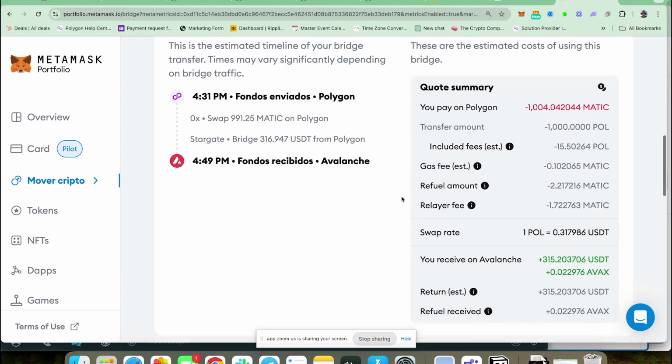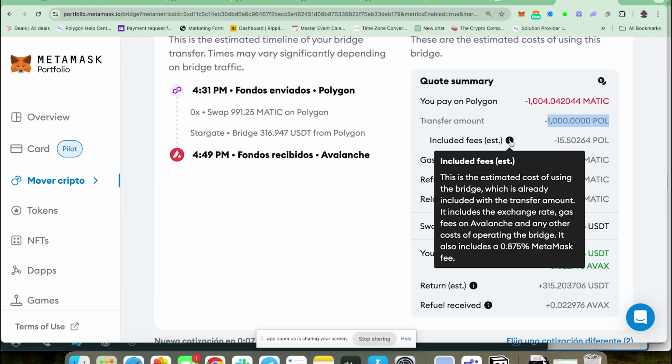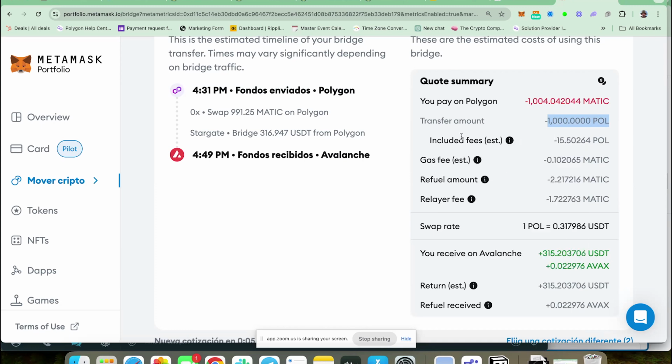And then the third thing is, as you can see, all the things that need to happen and all the fees linked to this operation. Basically, I want to send 1,000 Pol. The fees are the bridge fee, which is 15 Pol. Gas fee 0.1.